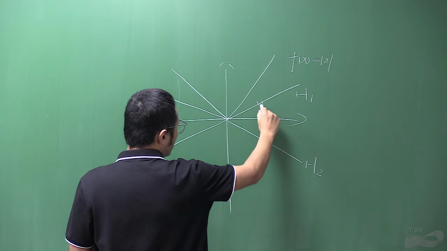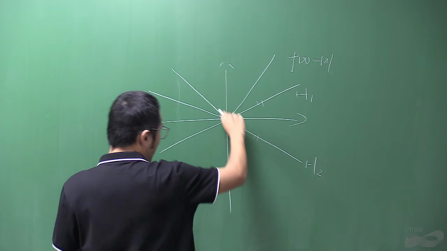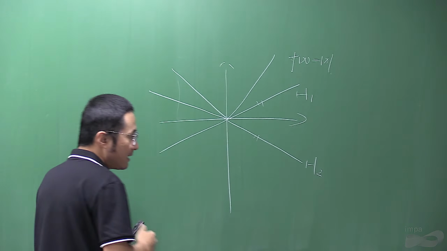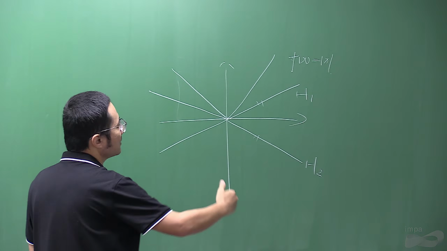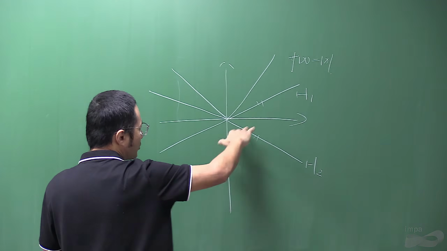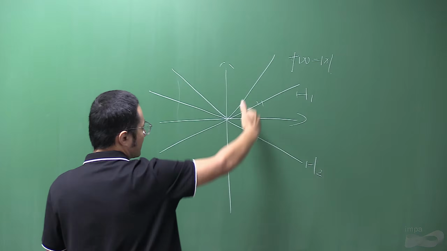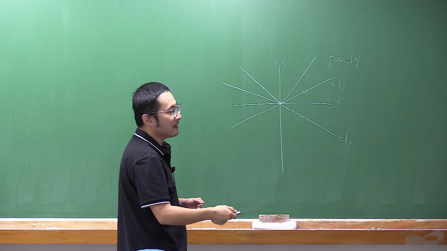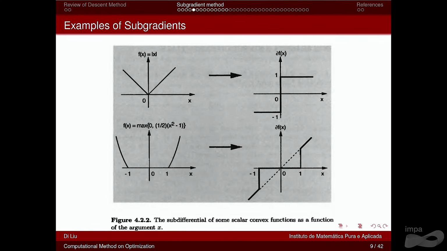Both of these two hyperplanes support the epigraph of this convex function at point 0, okay? And we know the slope of these lines which can support this absolute value function is between minus 1 and 1, okay? It's between minus 1 and 1.